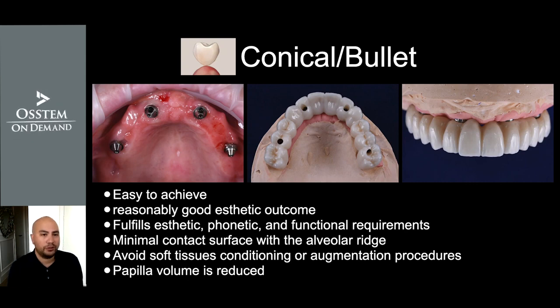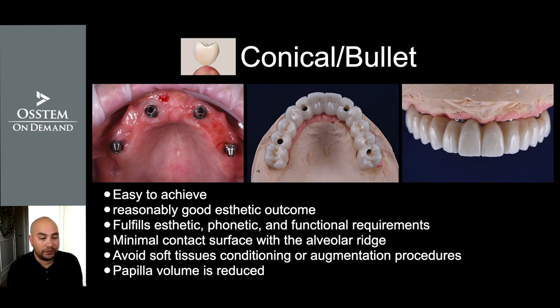We have also another option, which is the conical bullet, and it's easy to achieve for the clinician and for the lab technician. Reasonably good aesthetic outcome, fulfills aesthetic, phonetic, and functional requirements. There's a minimal contact surface with the residual alveolar ridge.